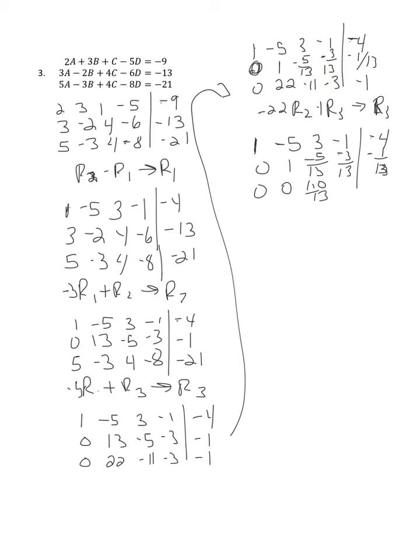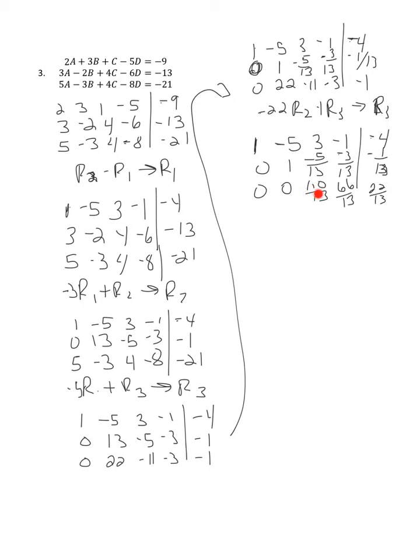I'm going to put that in my calculator. That's going to give me 66 thirteenths. Then I need to take -22 times this plus this. I'm going to put that in my calculator. 22 thirteenths. Okay, those don't look very nice, but that's what they are.